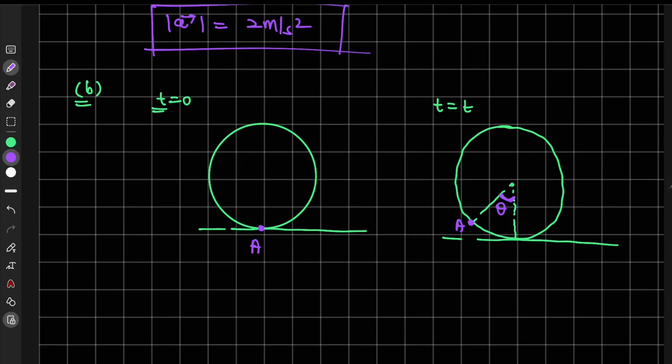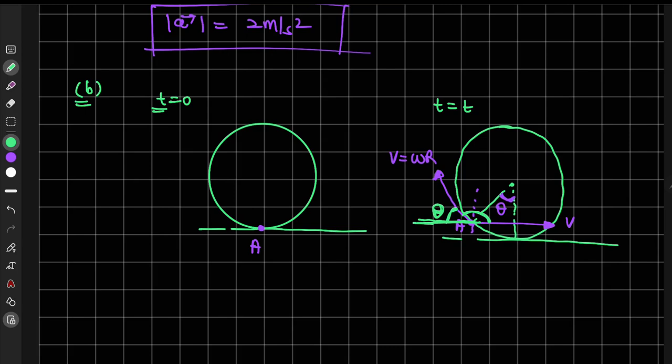Now at this particular time instant we have the velocity due to translational motion in this direction, and due to rotational motion we will have the velocity in this direction, that is equal to omega r. Now this will be the angle theta.